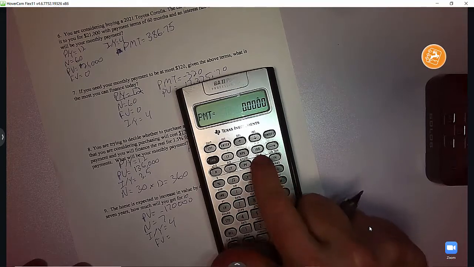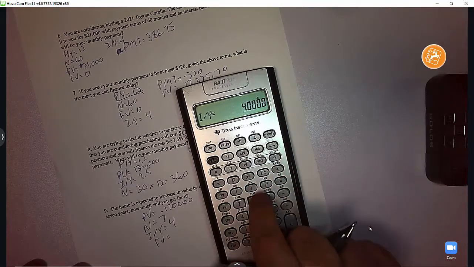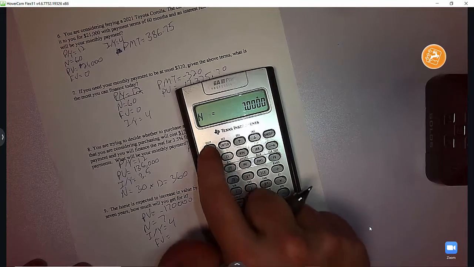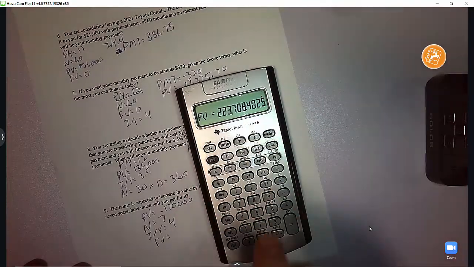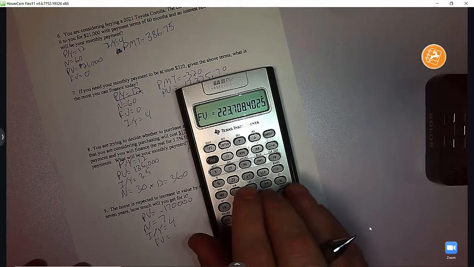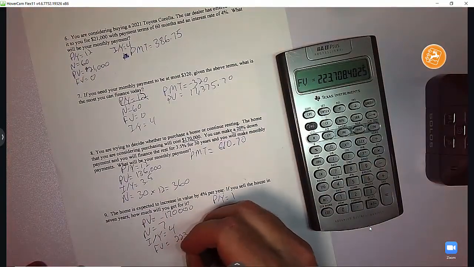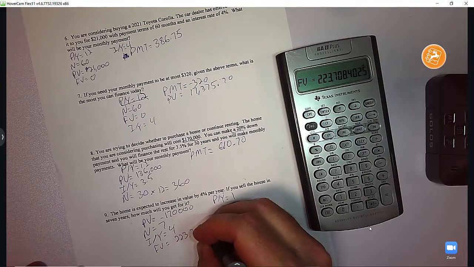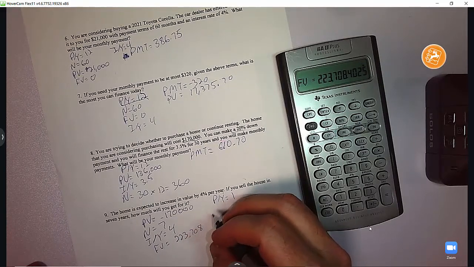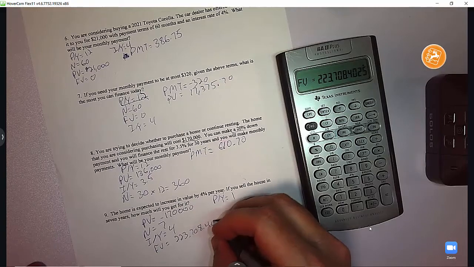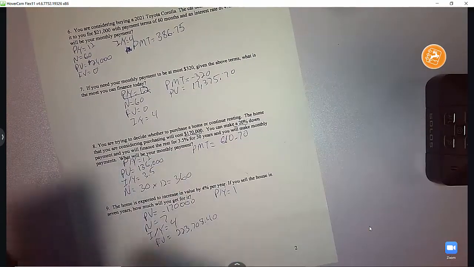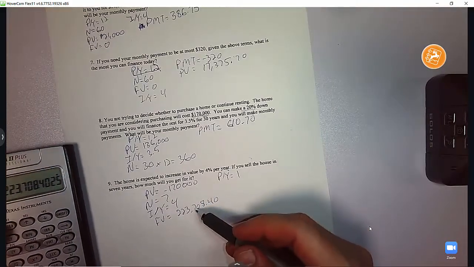My payment is equal to 0. 4 is my interest rate. 7 is my N. I'm going to compute my future value of $223,708.40. So that's how much my house will be worth in 7 years.